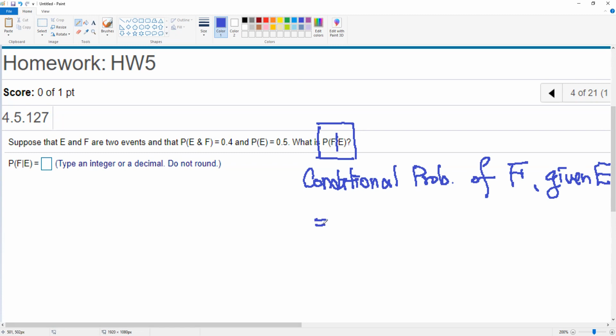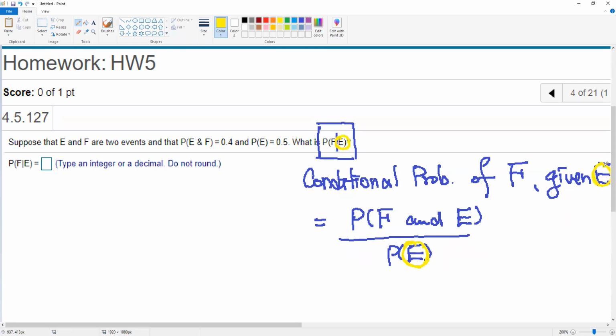By the conditional probability rule, it will be the same as the probability of F and E over the probability of E. Now I can interpret the numerator, F and E, as a joint probability. And the denominator, just E, is the marginal probability.